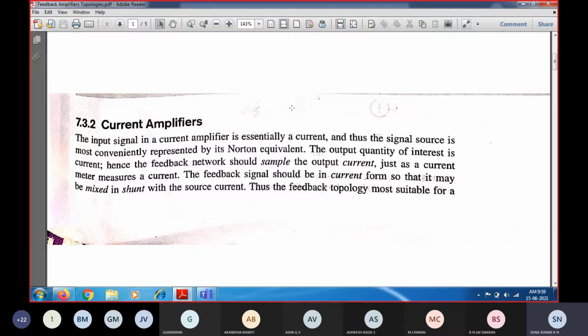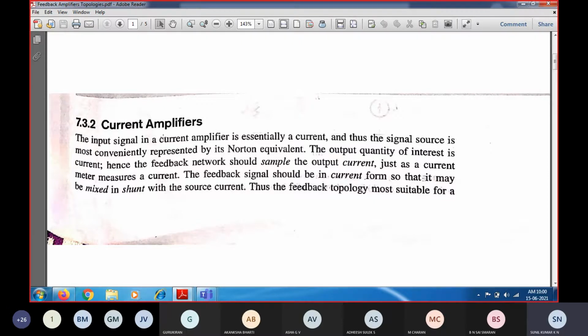The next configuration is the current amplifier, where both the input as well as the output are current signals. Since both are made up of current, the sample of the output current is taken just by connecting an ammeter or current meter circuit, so the current sampling at the output is taken in series, and at the input side we connect in a parallel fashion.